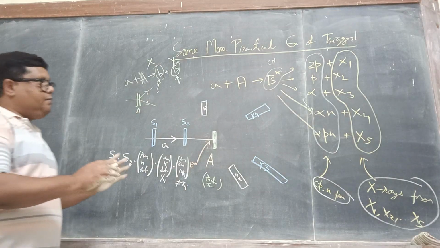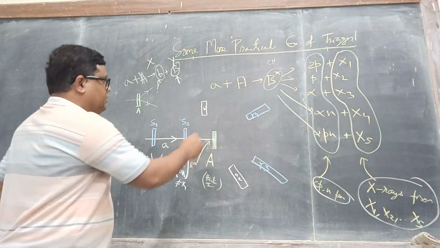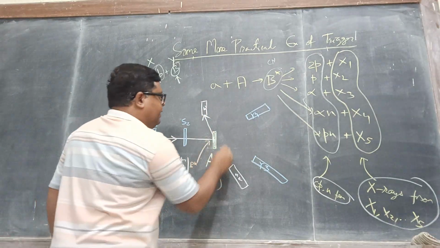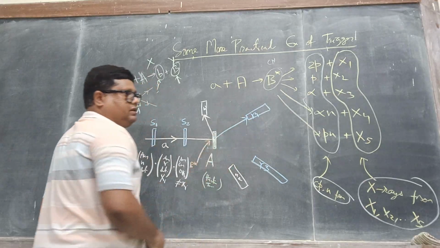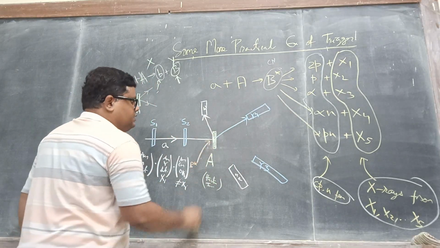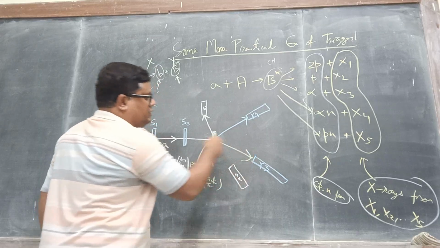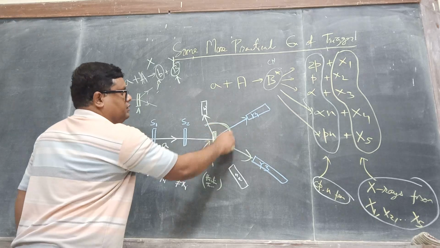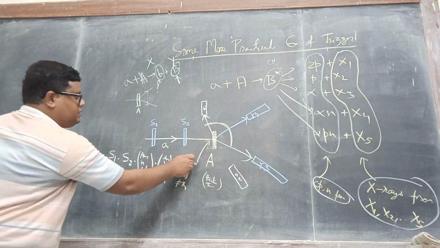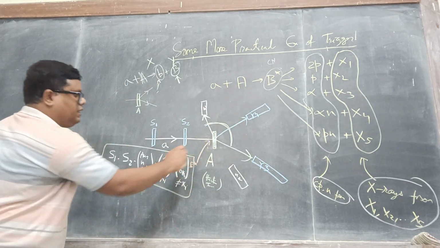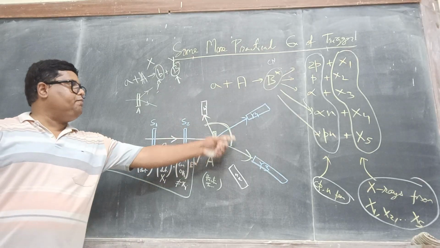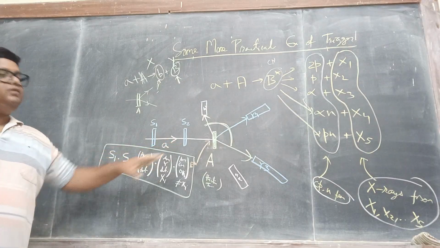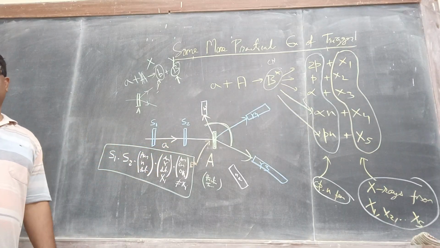So this means I basically have a triple coincidence: one neutron entering this counter, another gamma ray entering this detector, and some other coincident gamma ray entering this gamma detector. So this trigger is basically made for such triple coincident events.